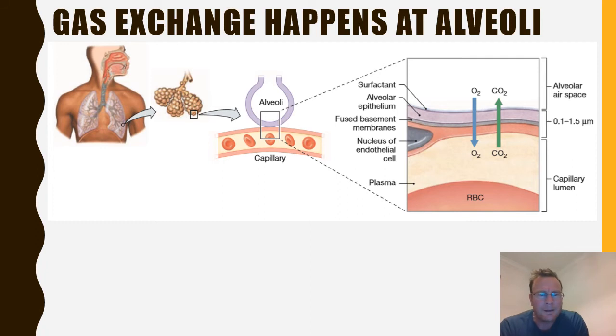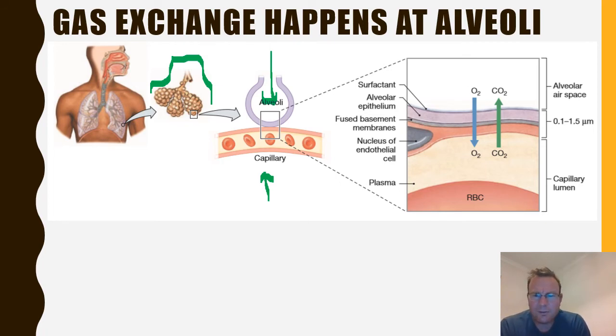This picture now explodes the alveoli. You've got these alveoli, which look like little bunches of grapes, and in this picture here we show an individual alveolus that will have air rushing into it, in green, and that oxygen will be transferred onto the capillary.